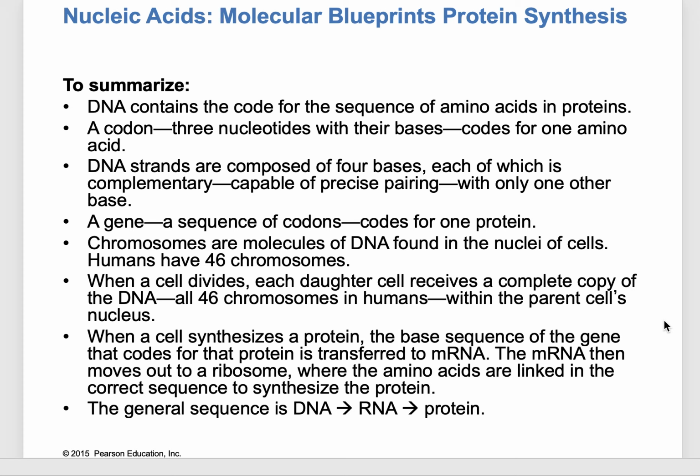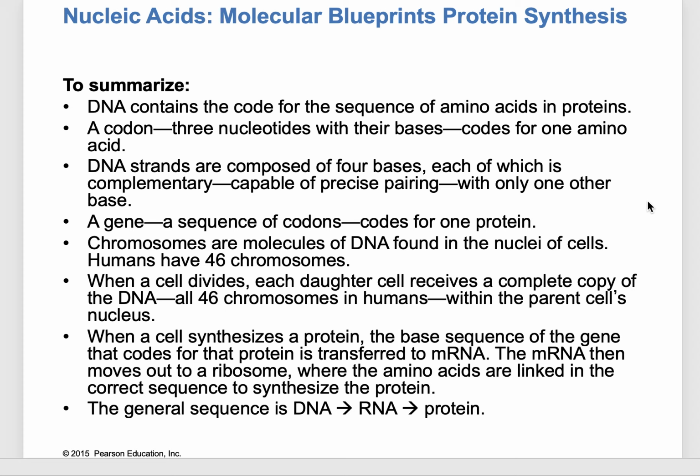Okay, so as you can see, protein synthesis is not random. It's very specific. There is very specific coding for the protein, and that's why each of us looks unique, because we have different genes, or different sequences of nucleotides that code for the protein.